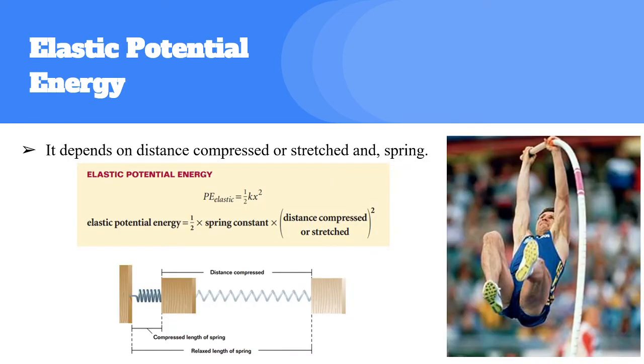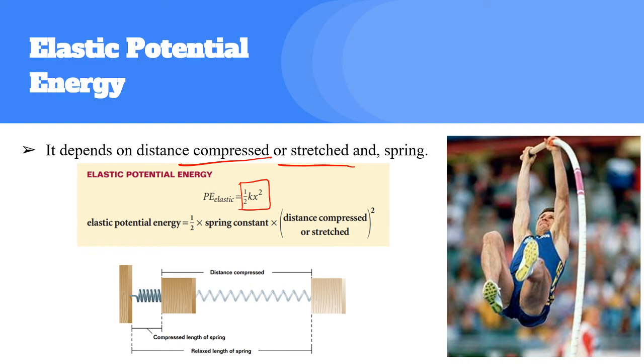And the other form of potential energy that we have is elastic, because it's also able to store some energy. Elastic potential energy is created when you compress or stretch anything that is compressible and stretchable. And in that case, your potential energy will be similar, equation-wise, to kinetic energy.